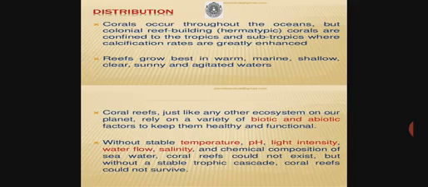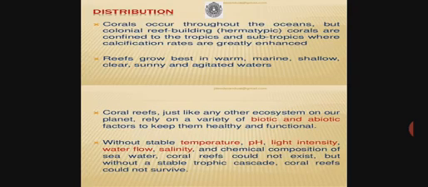However, these coral reefs, just like any other ecosystem present on our planet, rely on a variety of biotic and abiotic factors to keep them healthy and functional. Without stable temperature, pH, light intensity, water flow, salinity, and chemical composition of the seawater, coral reefs could not exist.